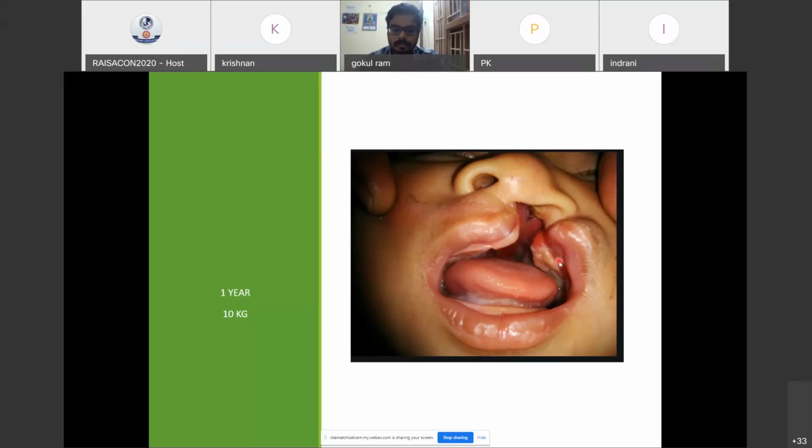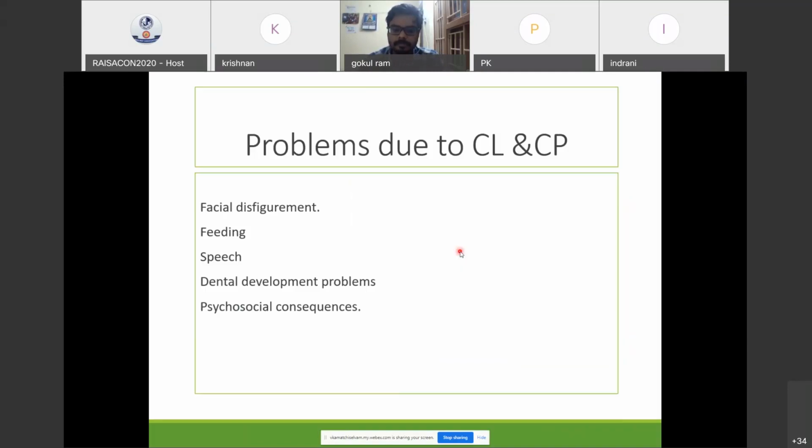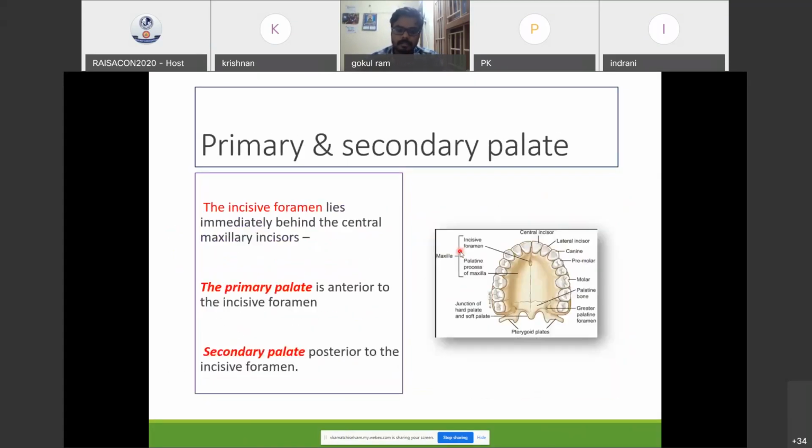While intubating, the flange of the blade may enter into the cleft, sir. So we have to take a precaution while intubating by keeping saline soaked gauze before introducing the blade, sir. Yeah, very good. So that is what we'll ask you in the exam.